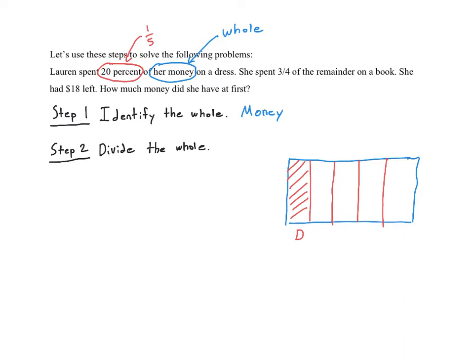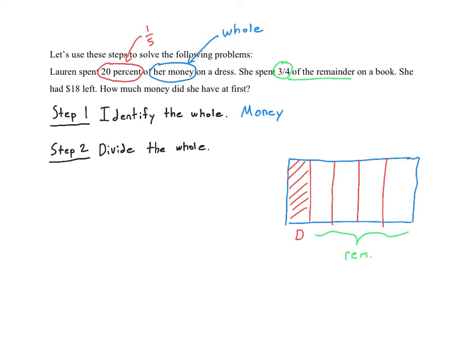Okay, the next number that we have is 3/4 of the remainder. Now we could use horizontal bars. We could chop it up into quarters going horizontal, but just notice that we already have 4 bars. This is the remainder right here, right? That's the remainder. And there's already 4 bars there.